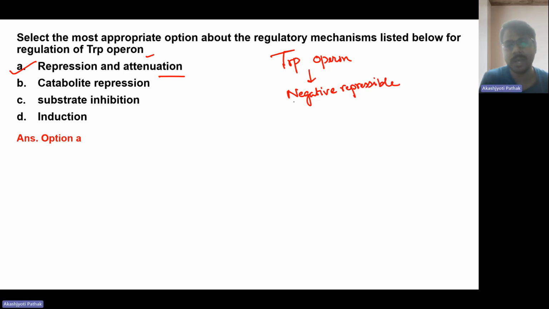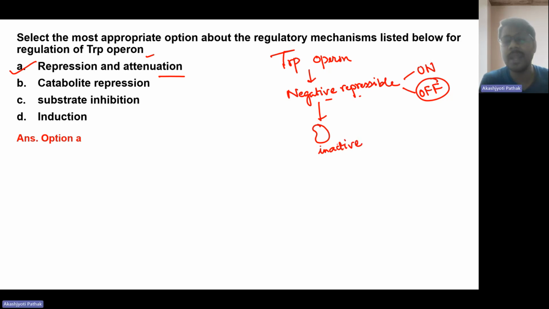Because in normal conditions, my trp operon will remain switched on. It will only be switched off when tryptophan is present. So it is an example of negative repressible because here a signaling molecule has to act to turn off the operon. The repressor protein which is produced is inactive.